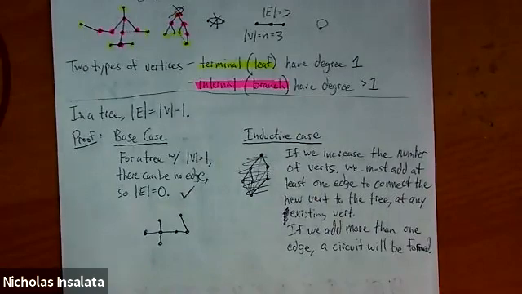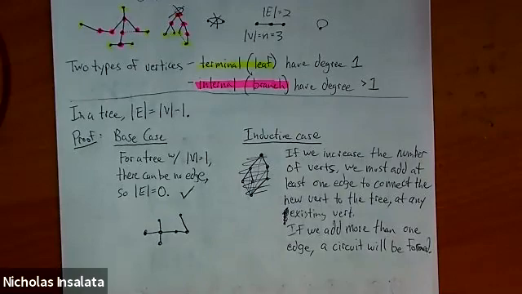Now, why would it be that if we add another edge, we'll make a circuit? So Lucas, that's right, but why? If we add an edge to something that's already a tree, then we'll ruin it. But why would that be?